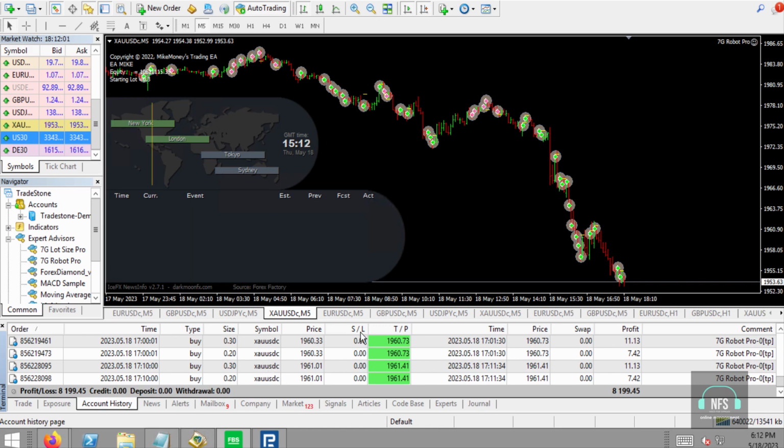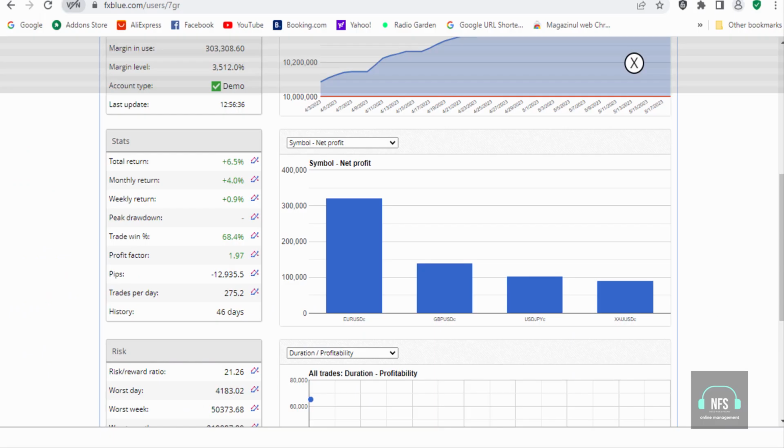Let's have a look at the FX Blue account, where we can see exactly what was tracked with this account trading using 7G Robot Pro. As you can see here on fxblue.com, we have 40 days of history, tracking the 7G Robot Pro Expert Advisor, and we have the net profit per symbol.